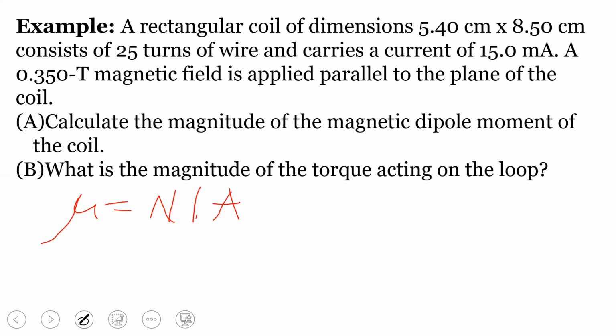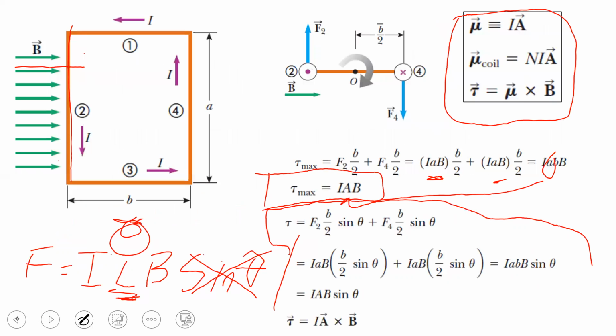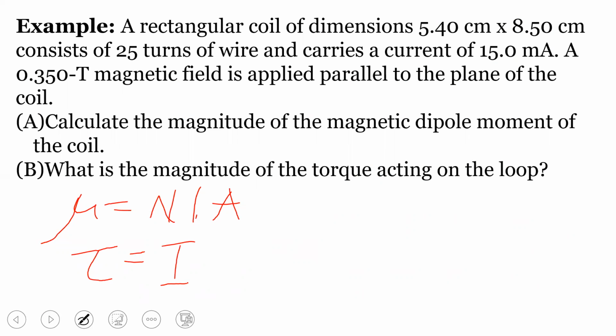So we know N, we know I, and we know A, so easily we can determine the magnetic dipole moment. The other question is saying, what is the magnitude of the torque acting on the loop? And what is torque? Torque is equal to IA cross B. We know I, we know A, we know B.